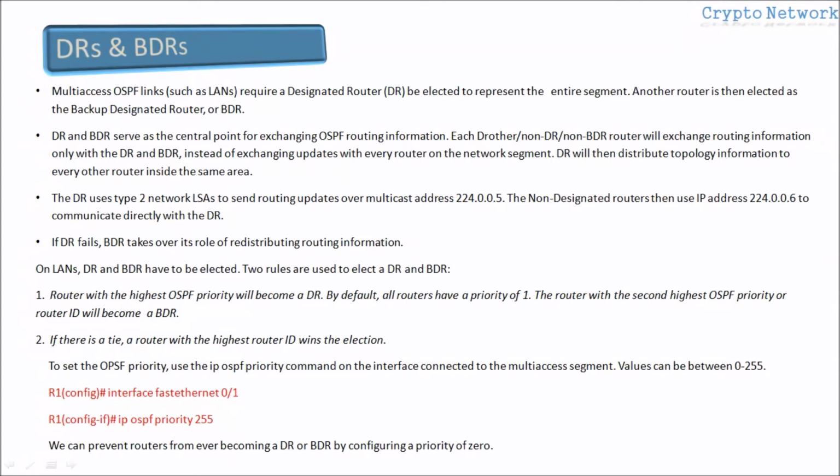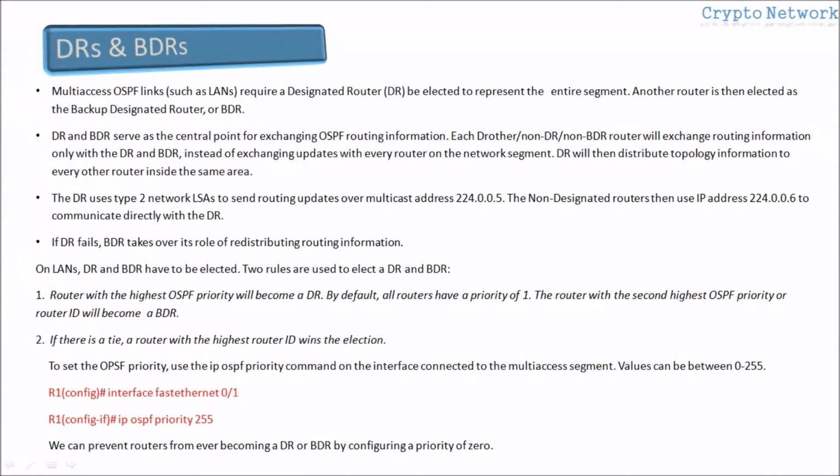In multi-access broadcast networks such as LANs, routers elect a DR and BDR by default, and the DR and BDR serve as the central point for exchanging OSPF routing information. Each non-DR and non-BDR router, called a DROther, exchanges routing information only with the DR and BDR instead of exchanging updates with every router on the network segment.